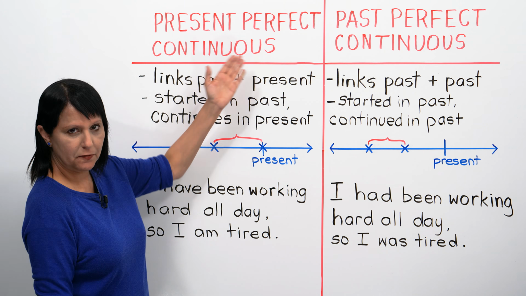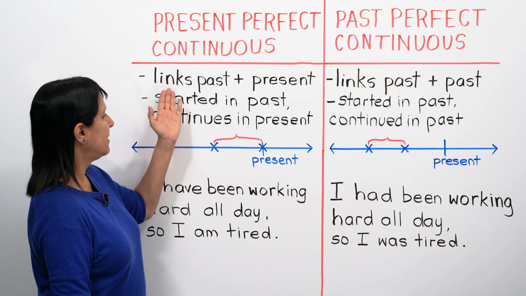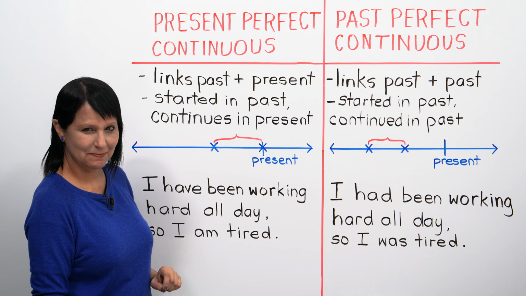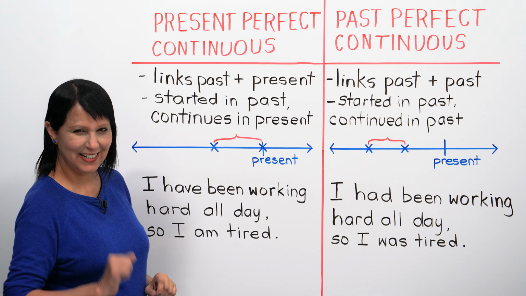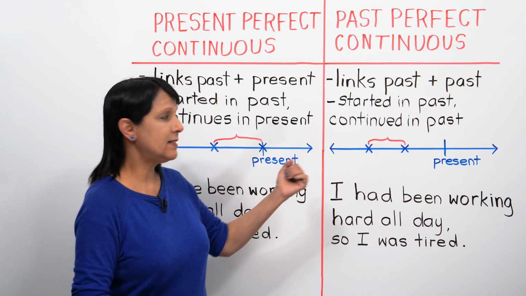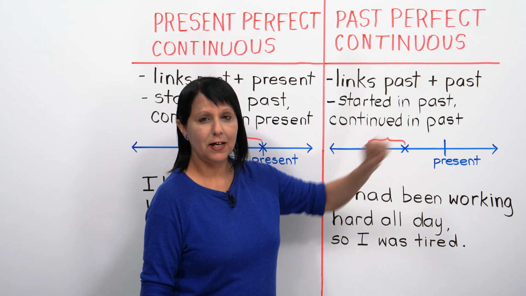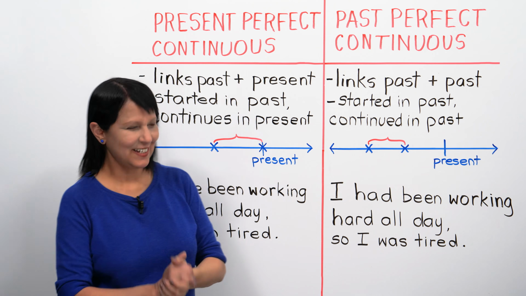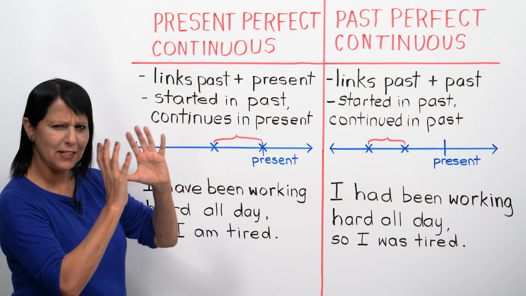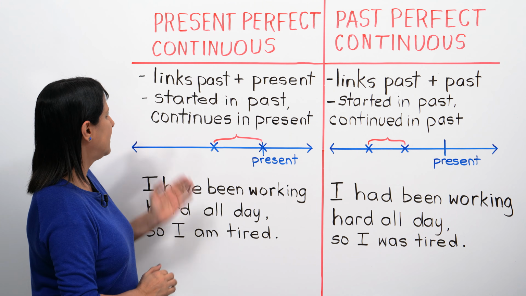The present perfect continuous links the past and the present. Okay, got that? The past perfect continuous links the past and the past. All right? I'm going to show you an example in a minute so you'll get it, but first let's understand a little bit of the theory.